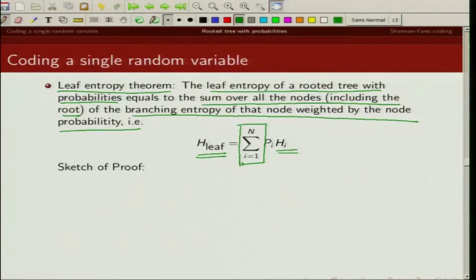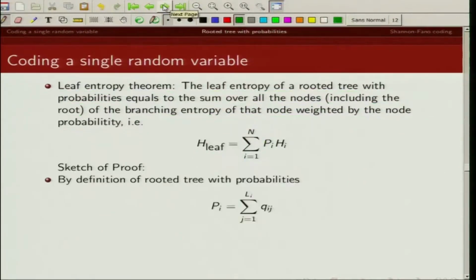Let's try to prove this result. By definition, we know that the probability of a node is nothing but the sum of probabilities of its leaves or nodes at depth 1 from that particular node.